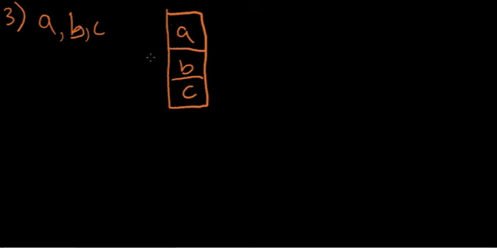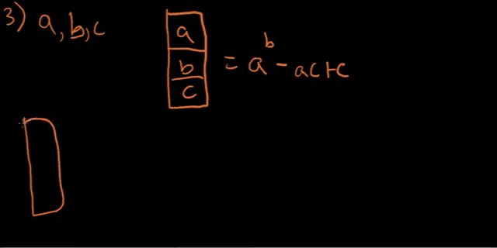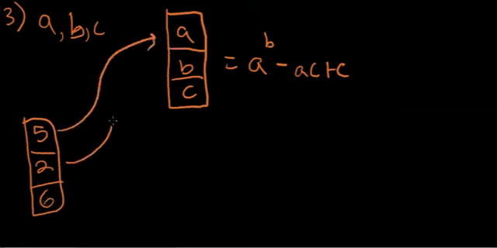Let them be defined as a over b over c equals a to the b power minus a times c plus c. So what is the value of, let's try it again, 5 over 2 over 6? Well, each one corresponds to a, b, and c. So what's a? A is 5. What's b? B is 2.